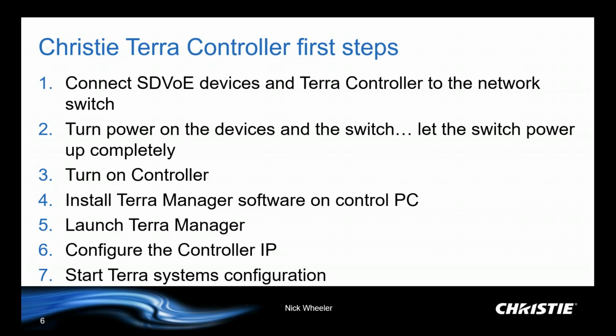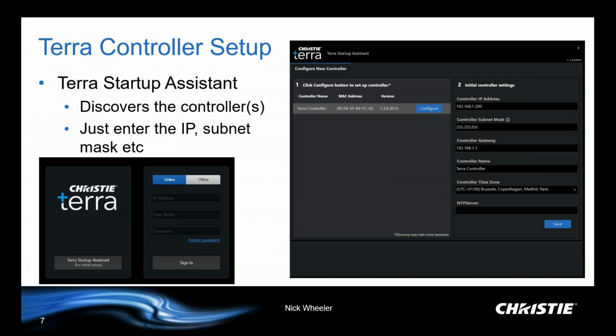So to set the controller up, this is what you get when you start the Terra Manager software. On the left-hand side, you'll get the Terra startup assistant, and then the sign-in, the login box there to use.